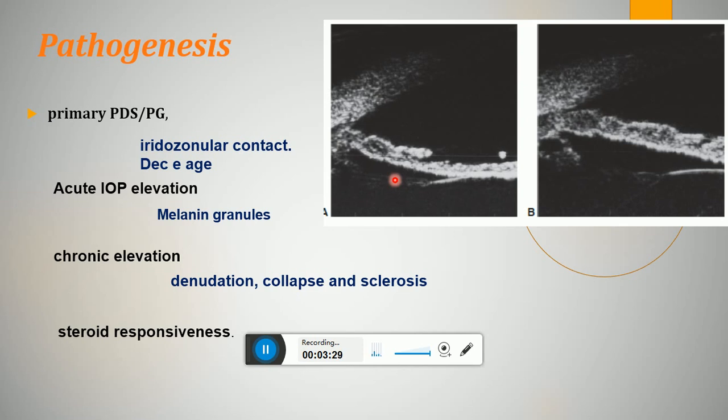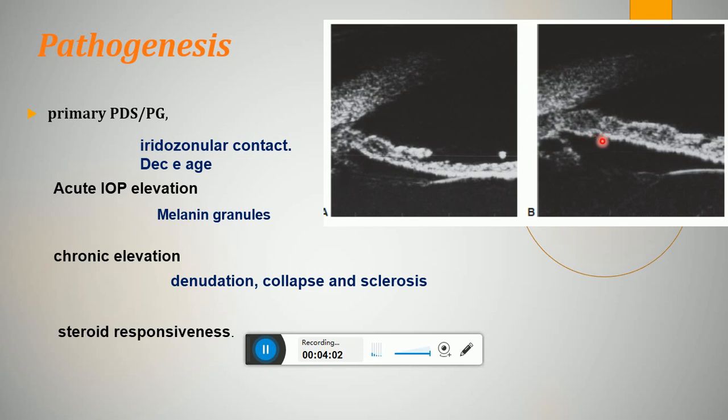It is believed that an increase in anterior chamber pressure relative to the posterior chamber pressure occurs due to reverse pupillary block, supported by the observation that peripheral iridotomy flattens the iris and decreases iridozonular contact.